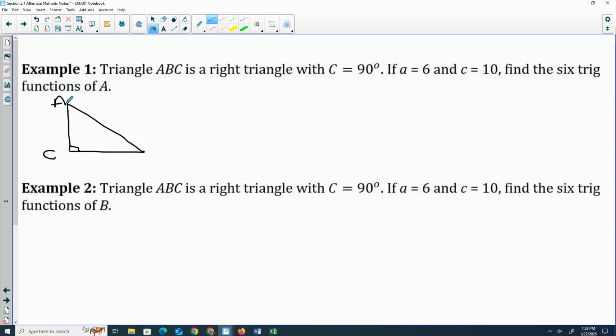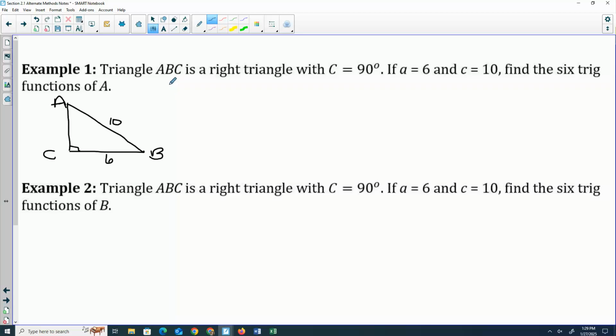It doesn't matter which one you call A and B. So side A is 6. That has to go across from angle A, so my 6 has to be down here. Side C is 10. That's across from angle C, so my hypotenuse.